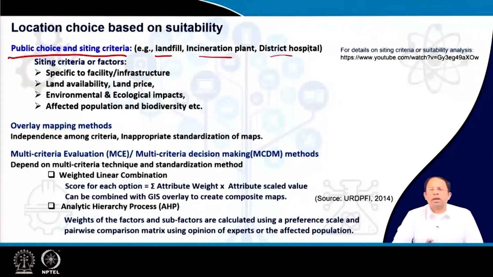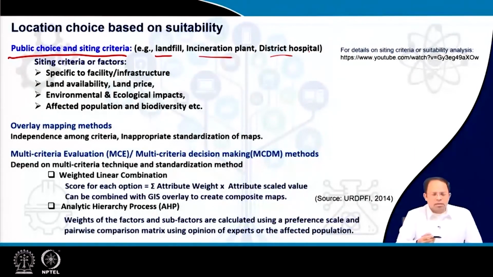It's not a choice made by the people, because people may not have enough information, and also it's difficult to take everybody's opinion about a location, because there are many factors which people have no understanding of, right? So it's a choice or a decision made by maybe a group of officials or a group of experts or maybe the municipal body.